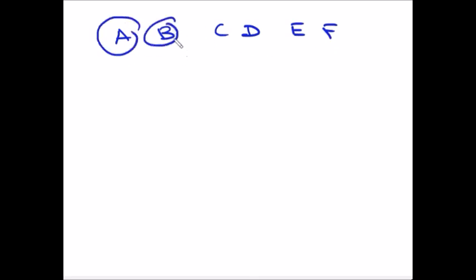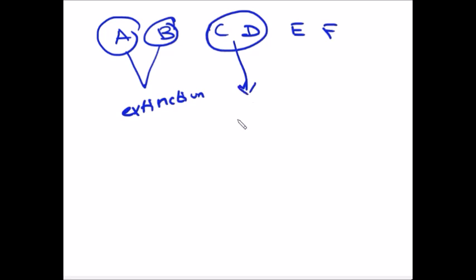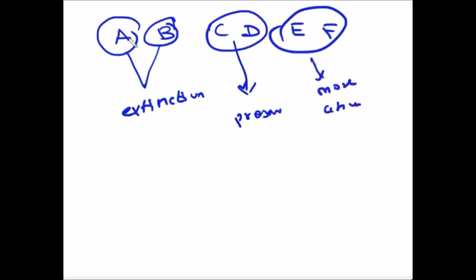A and B may face the threat of extinction or become endangered. C and D may face some level of pressure but not equal to A and B. E and F may be more abundant, with no pressure at all.